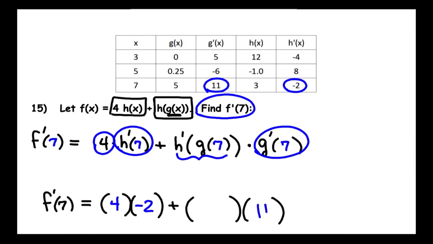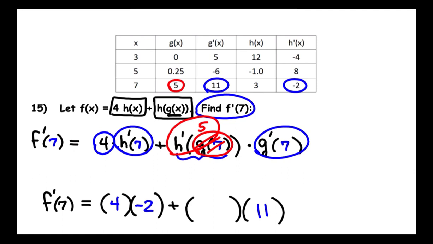That's right there. What is this? Let me dig into this a little bit deeper. G of 7 is 5. Okay, so this thing right here is a 5. So now I have to figure out what's h prime of 5. Oh, this is clever.